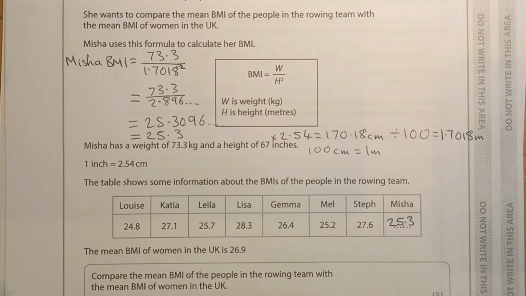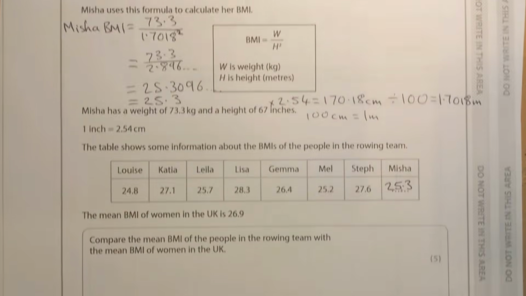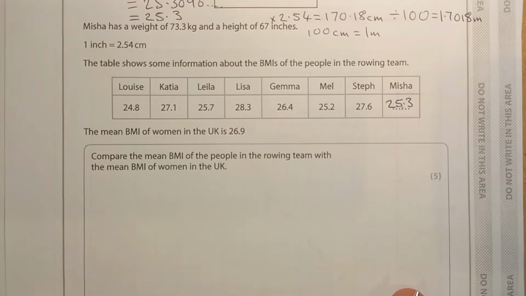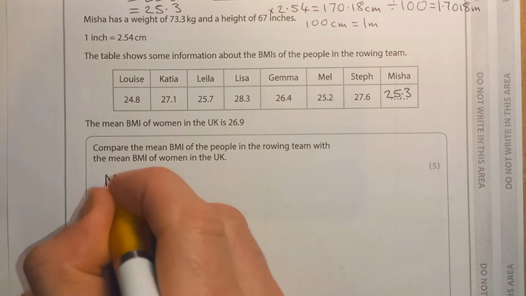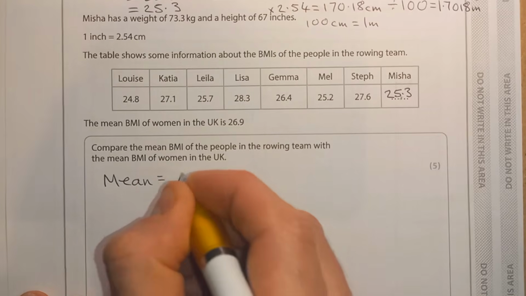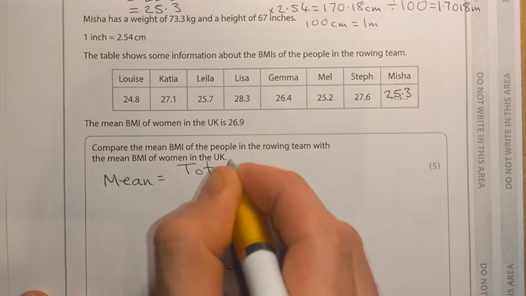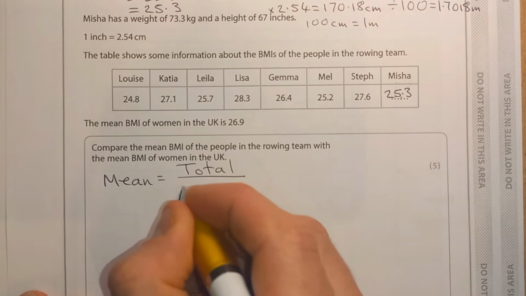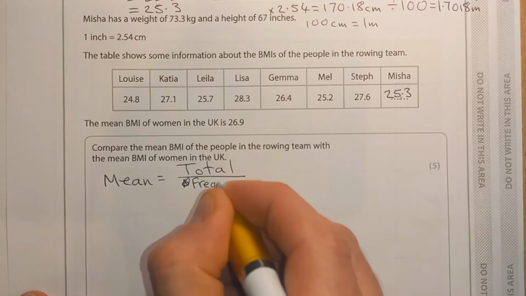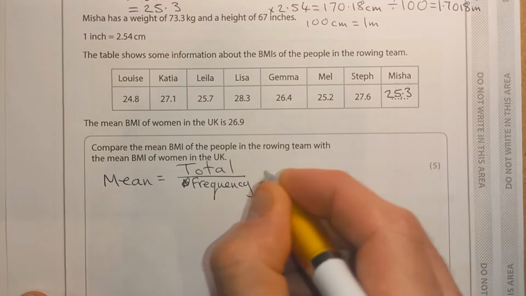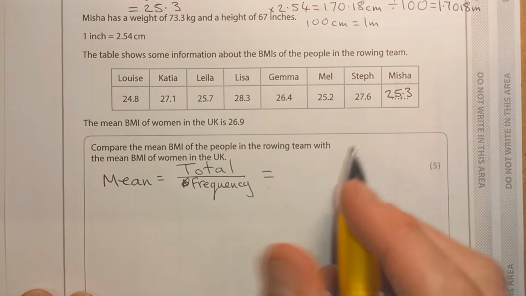Okay, so we've got the BMI. Now we needed to work out the mean BMI of the rowing team. So the mean is the total divided by how many, or we can call it the frequency. So we need to add these all together.